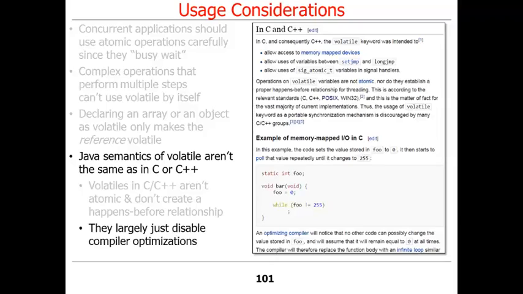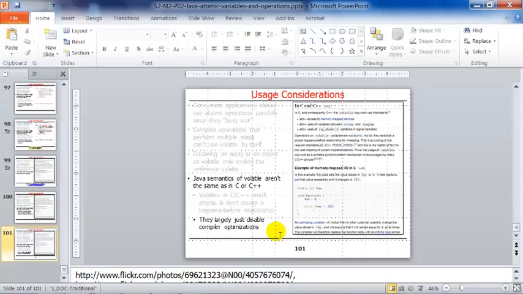All it really does is tell the compiler not to optimize away the use of this variable, even though you can't easily tell where it's being set, because it may be set in an interrupt handler or something like that. So it's really just a flag to the compiler. People always get confused when they move between languages about what the semantics are. Okay. Any questions about any of that stuff?